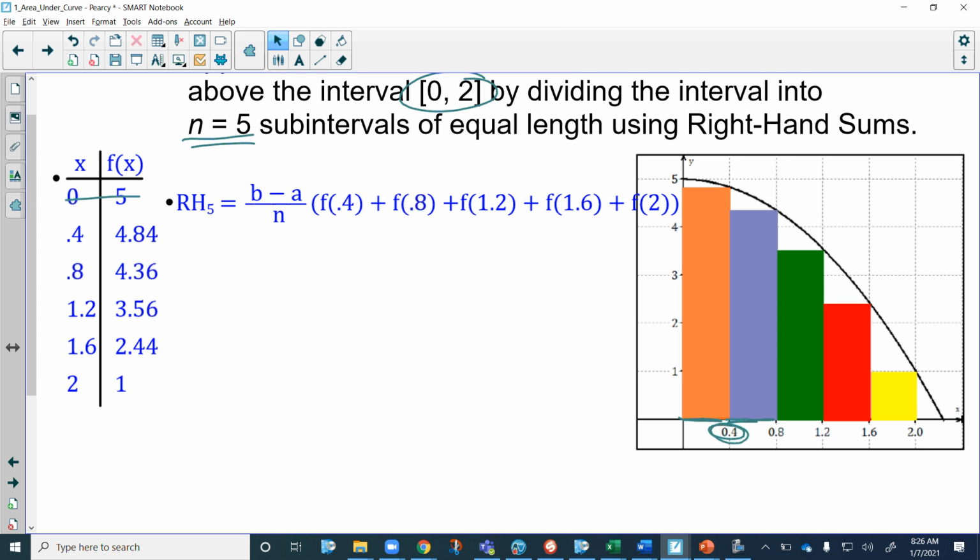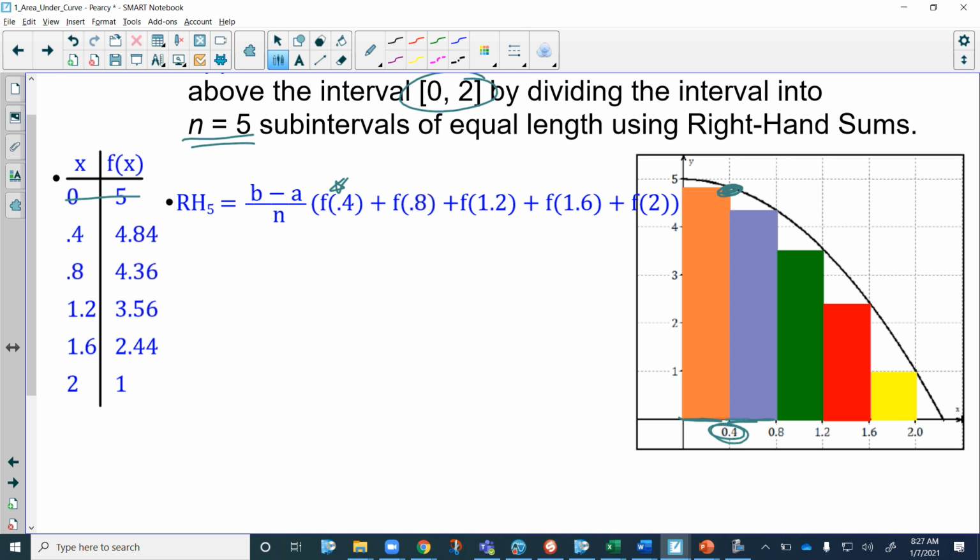Here we start with the input value of 0.4 because that is the first point where we actually come in contact with the curve, when x is equal to 0.4. That's why I'm starting with 0.4 for my inputs.